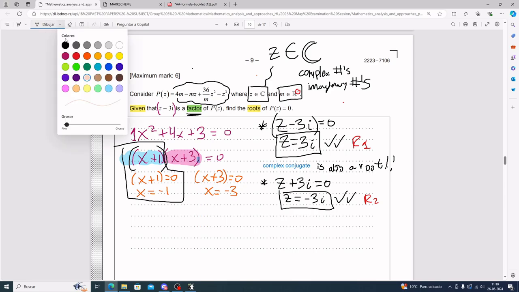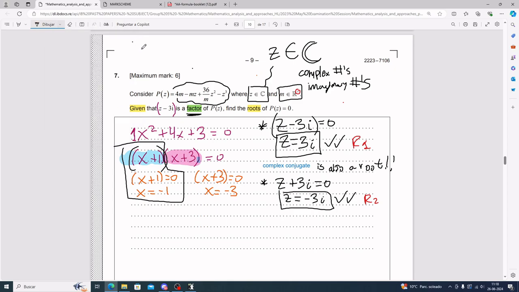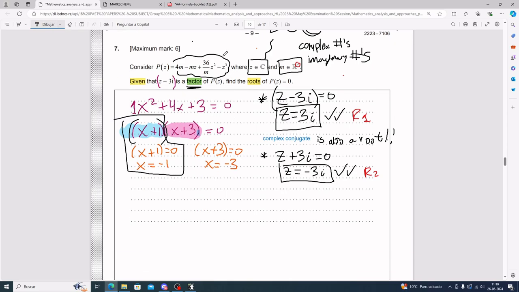Technically, there are 2 approaches. One of the approaches, which I'm not going to do, but I will show you the first step, is identifying that if one of my factors is z minus 3i, and my other factor is z plus 3i, because it's a complex conjugate, then that means I have a third root going around. Once I identify that one, I can compare it to my original function, and maybe I can find the last root.